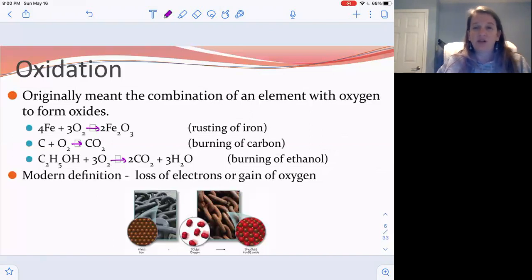When iron reacts with oxygen in the air and forms iron oxide, that would be called an oxidation reaction because it combined with oxygen. Now we know that it's not just involving oxygen, that there are other things that can classify as an oxidation reaction. And so our modern definition is that there is a loss of electrons.